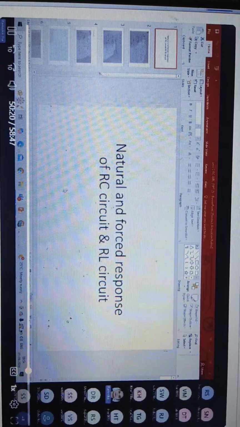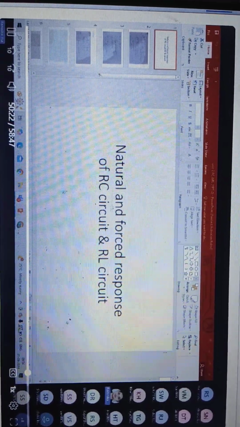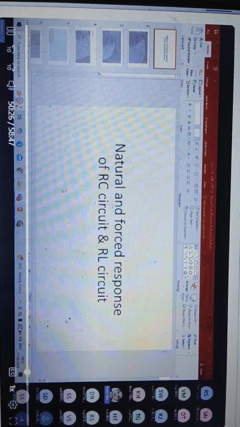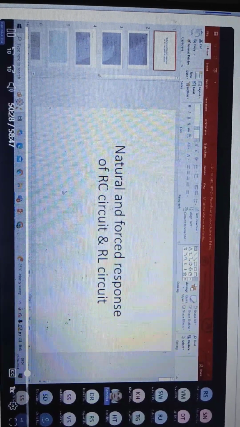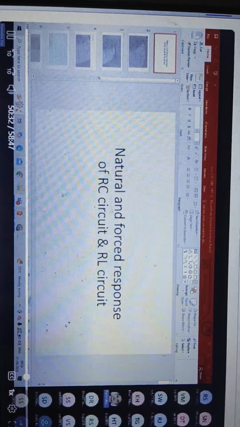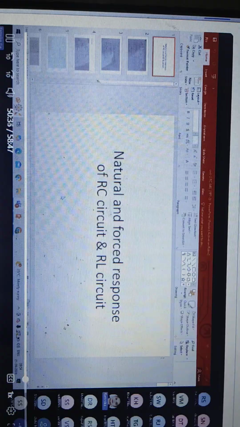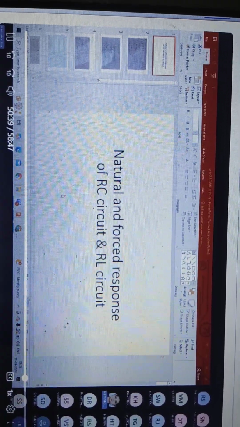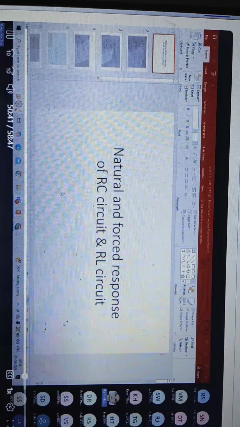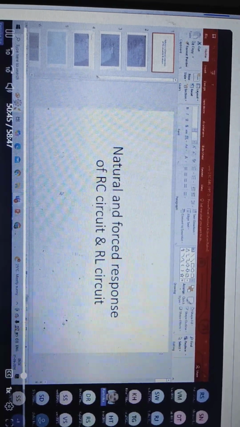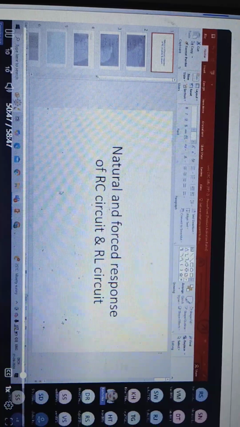And the forced response is what the circuit does when the external source is applied, with the initial condition set to 0. The total response is the sum of the forced response plus the natural response. So this process is called the natural and forced response.